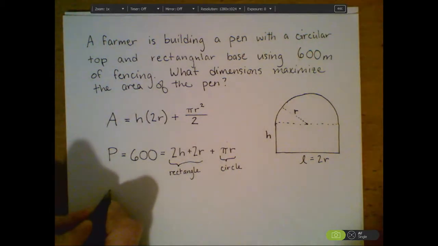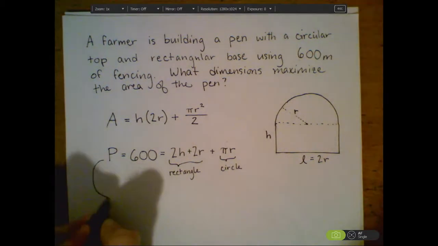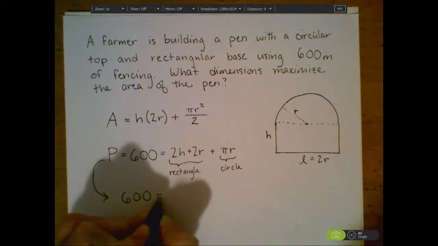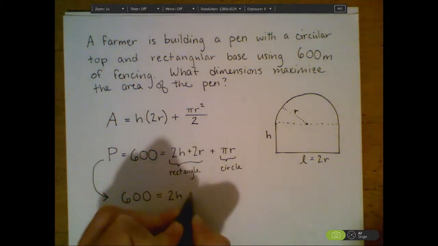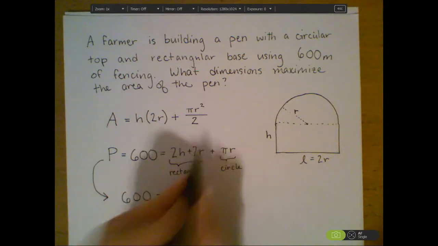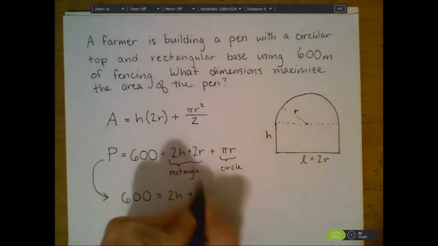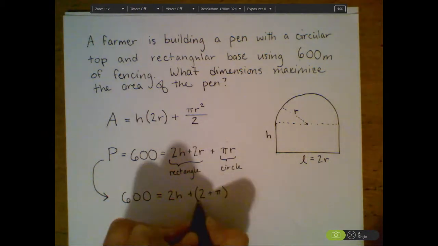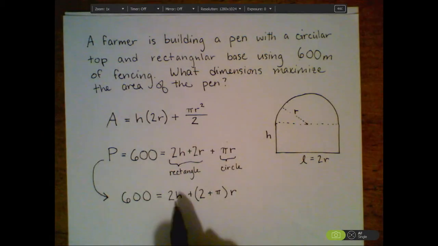So when I take this function and I solve for h, I have 600 is equal to 2h plus all of this other stuff can be simplified. That's just the same thing as 2 plus pi times r. I need to get h by itself, so I'm going to move it to this side and move the 600 to that side.